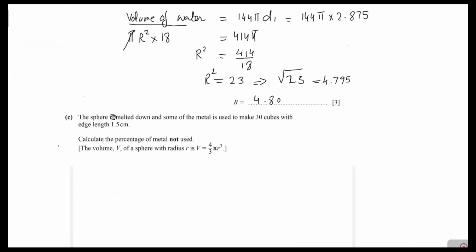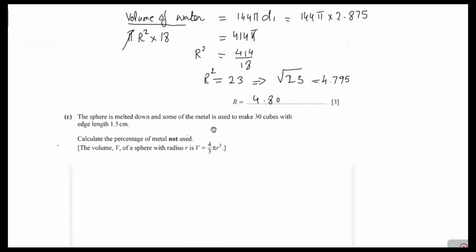Next part, C, the sphere is melted down. Some of the metal is used to make 30 cubes with the edge length 1.5 centimeter. Calculate the percent of metal not used. Now, firstly, we will find the volume of 30 cubes having the length 1.5 centimeter. Now, the volume of a cube equal to length multiplied by length multiplied by length.